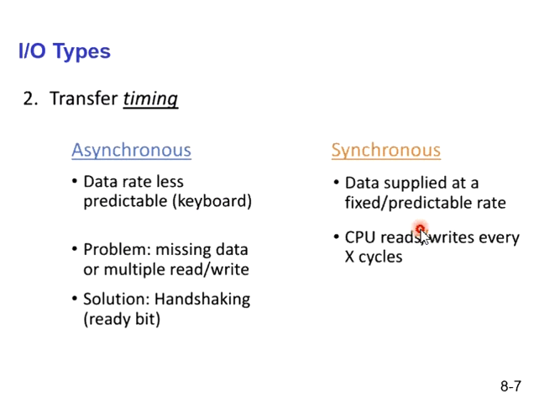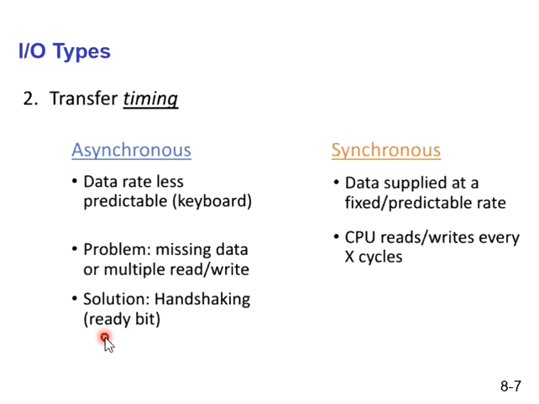For transport timing, we have two mechanisms. The first is asynchronous, the second synchronous. For asynchronous, the data rate is not predictable, like a keyboard. We have a small problem: maybe we miss the data, and we can solve it with handshaking. At that time, we use a ready bit from our input-output devices.